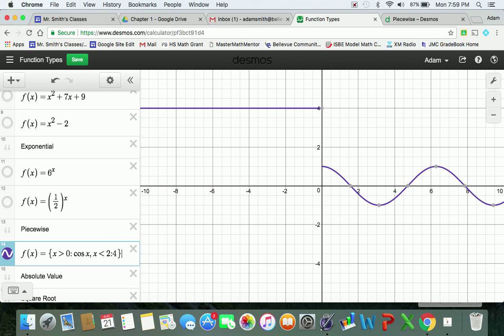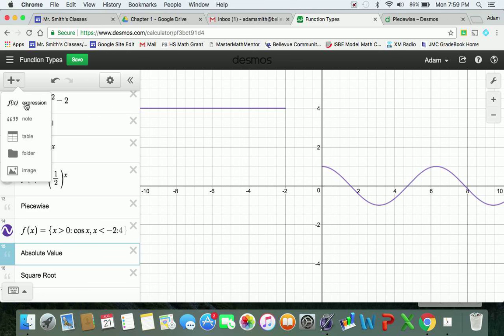So that's what this piecewise looks like. Notice that over here, we need less than -2. That makes more sense. There we go. So all of my x greater than 0, output this cosine function. X less than -2, output just the number -4.